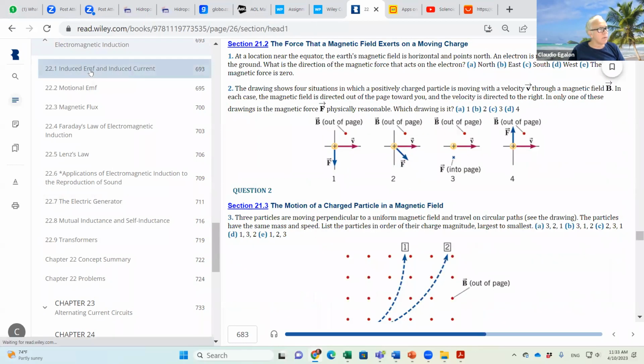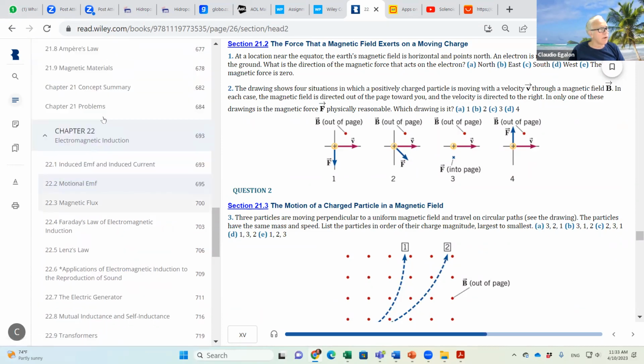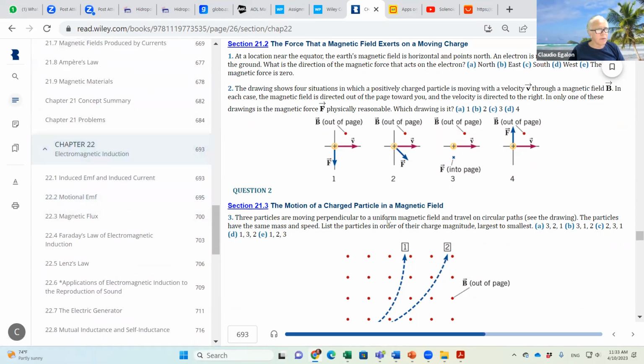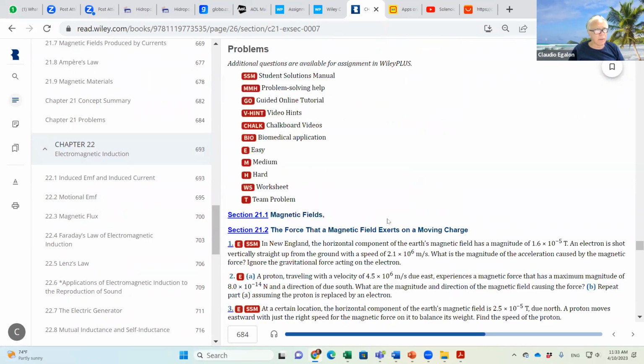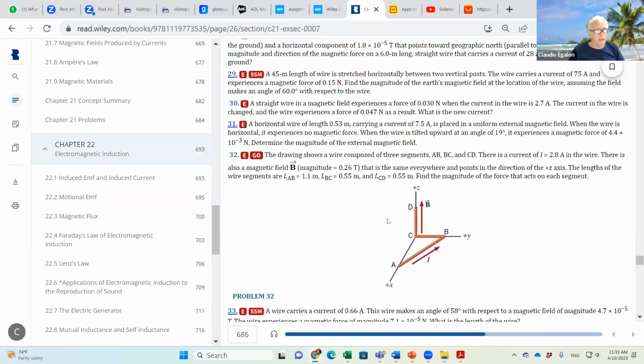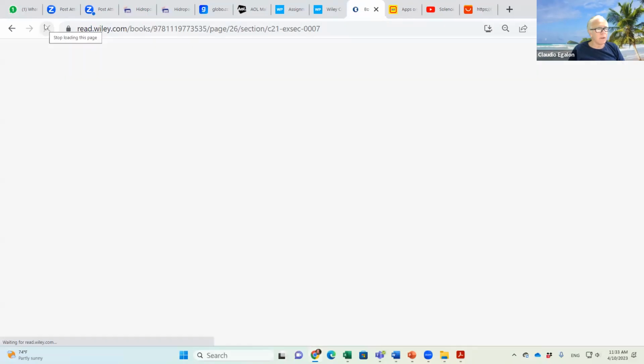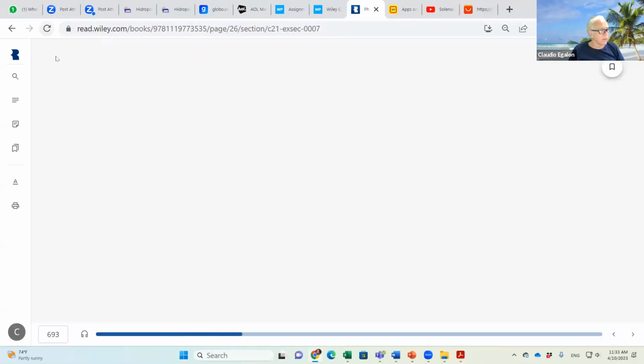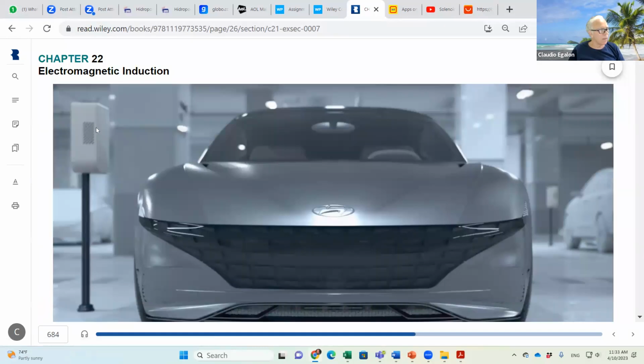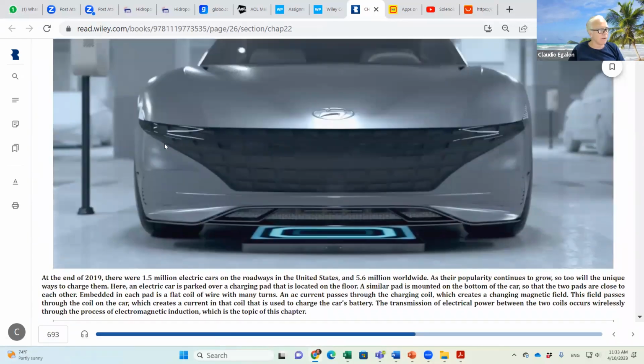Why doesn't it go there? It's so strange, this book. Sometimes it works, sometimes it doesn't. Let me see if it. Okay, okay, good.